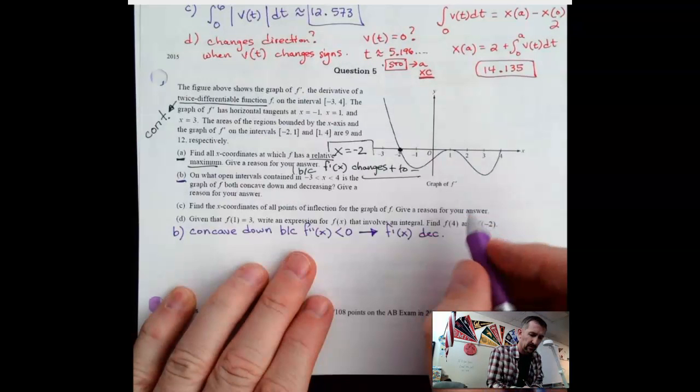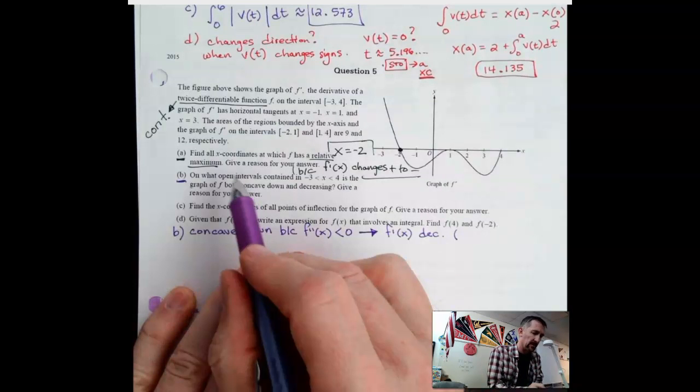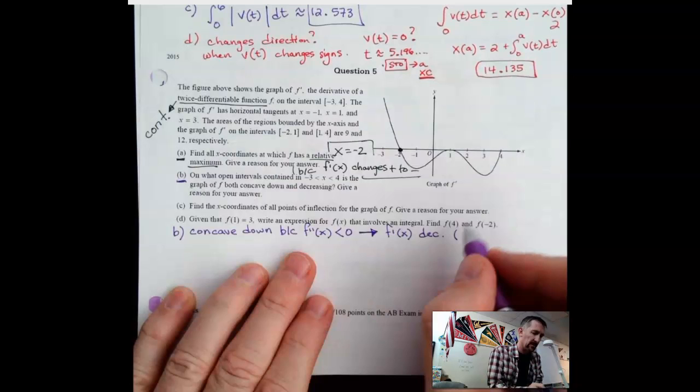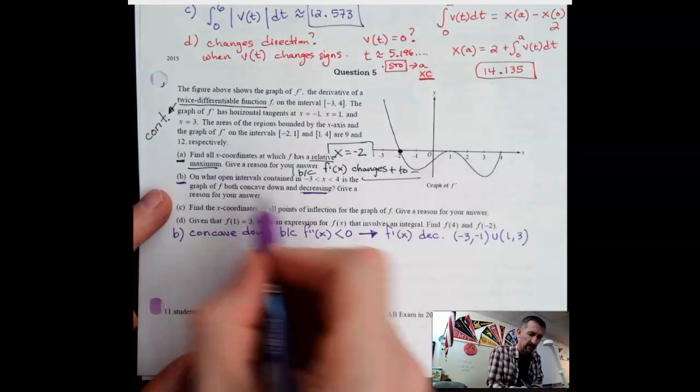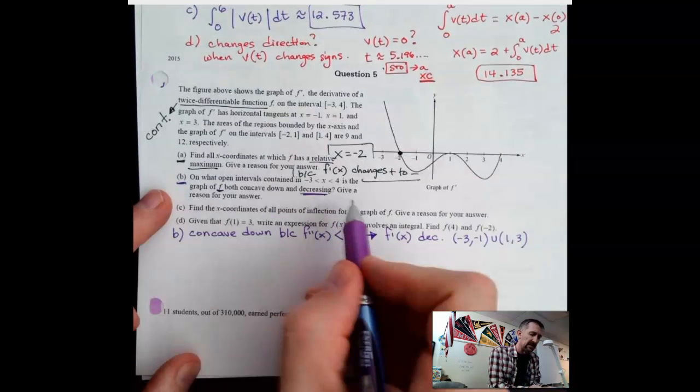So that's going to occur from -3 to -1 and from 1 to 3. Then we also wanted f to be decreasing.